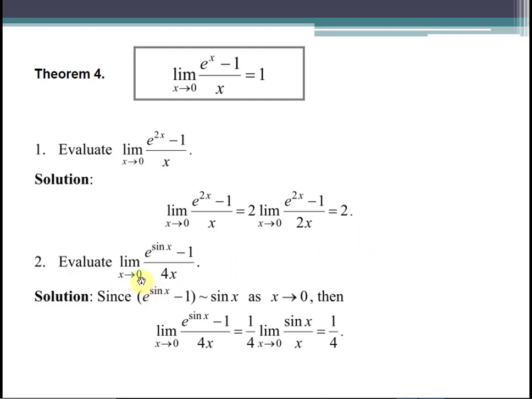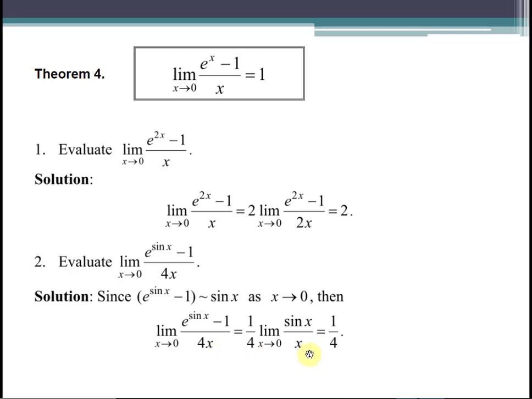And the next one, limit as x tends to 0 of e to the power of sine x minus 1 over 4x. So e to the power of sine x minus 1 is equivalent to sine x as x tends to 0. Look here, because we have sine x instead of x, there should also be sine x in the denominator. So the numerator is sine x as x tends to 0, and the bottom is 4x.